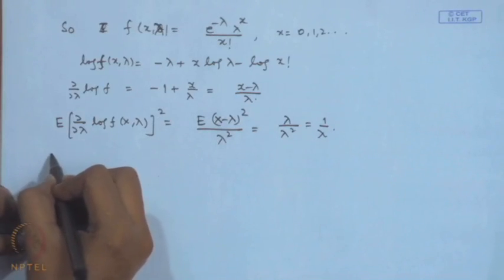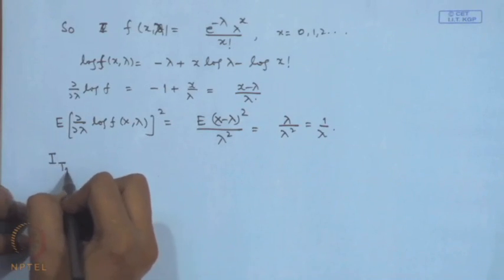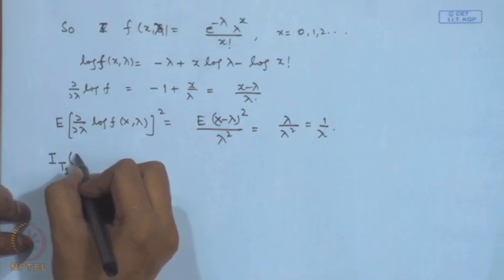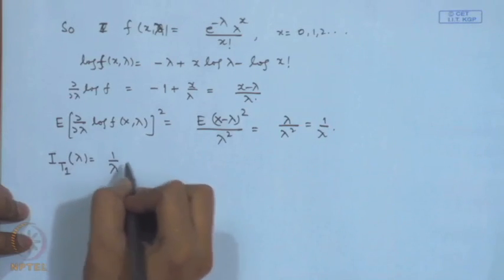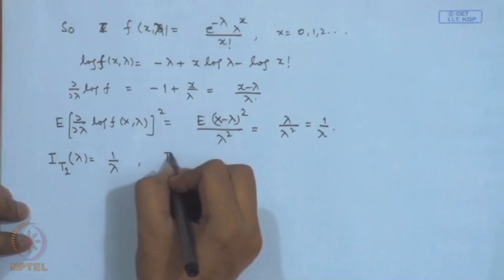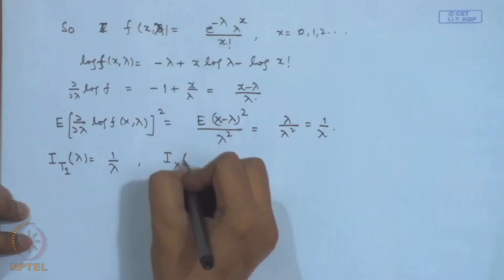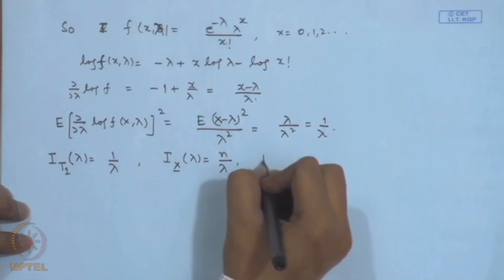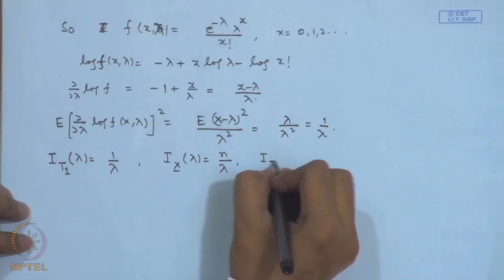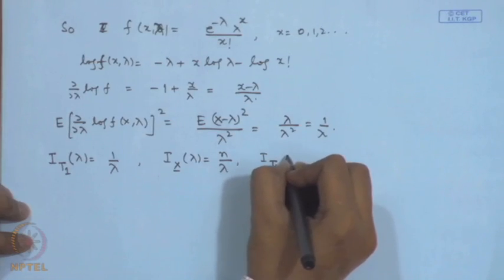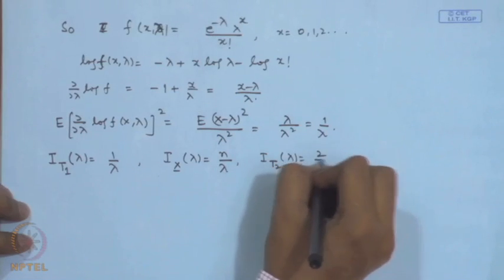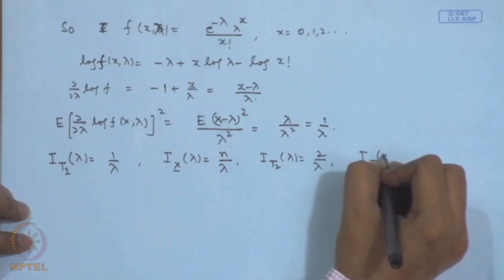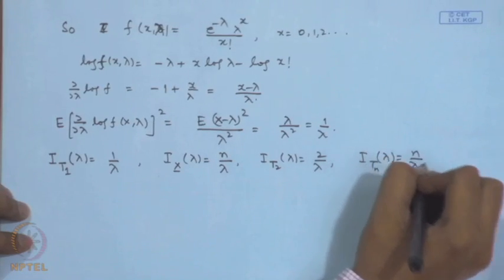So, if I consider the information in t 1, then that is equal to 1 by lambda. If we consider the information in say x itself, then it is additive. So, it will become n by lambda. If I consider information in T 2, that will be equal to 2 by lambda, and if I consider information in T n, that is also equal to n by lambda.